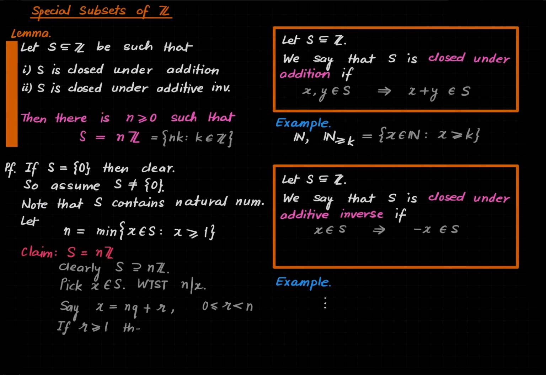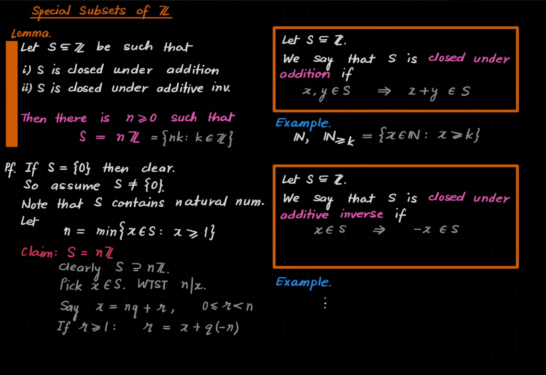Then if r is greater than or equal to 1, note that r is x minus nq, which I'll write as x minus qn. Now note, x is in S, and minus n is also in S. For the moment, think of q as a positive integer.